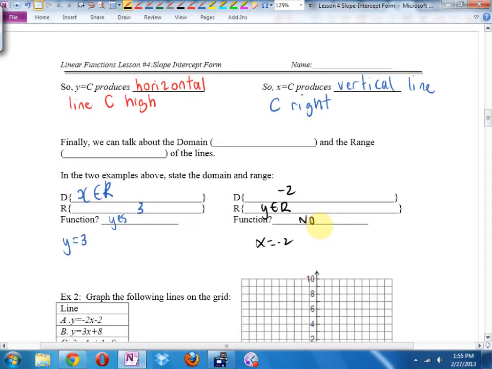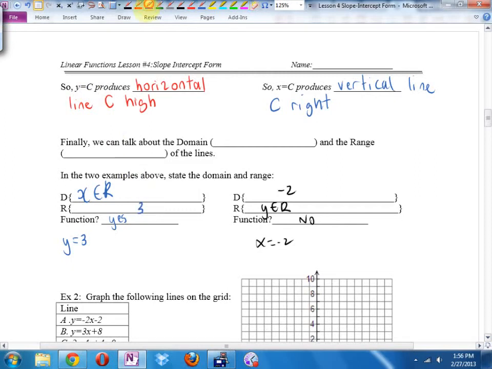Let's generalize this. So the way they generalized this, they didn't actually on this page use y equals 3. Instead, they said y equals C. What's the range? If y equals 3 gave you a range of 3, what would y equals capital C give you as a range?